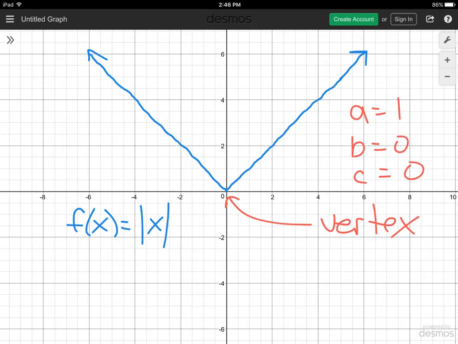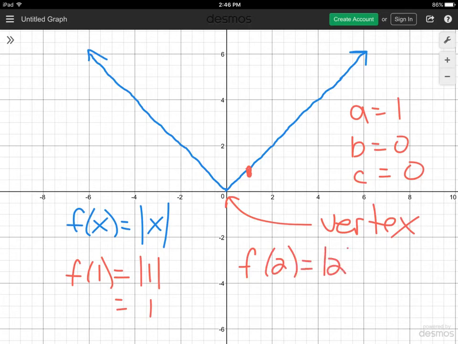Remember, a function is an input and an output. So what happens when we choose some of the positive values of x? As we go along, what happens when we plug 1, 2, 3, 4 in? Well, f of 1 would be the absolute value of 1, which is 1. F of 2 would be the absolute value of 2, which is 2, and so on.